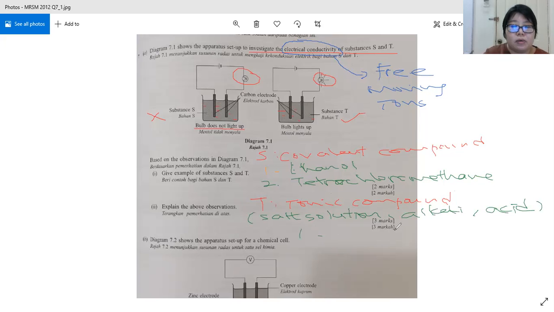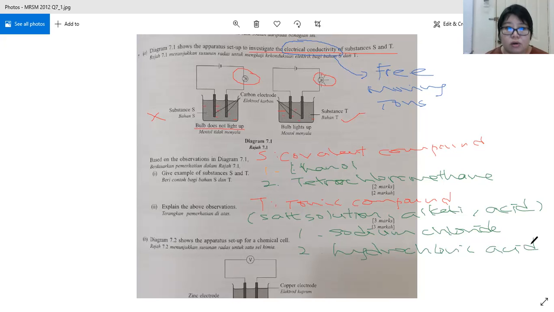Okay, for example, you can put the easiest one, the sodium chloride solution. Okay, number 2, you can put hydrochloric acid. If you are putting sodium hydroxide, I don't say that you are wrong. You are correct. Okay, so this is the answer for part A1, where when you can suggest one of the S and one of the T correctly, you get 2 marks.